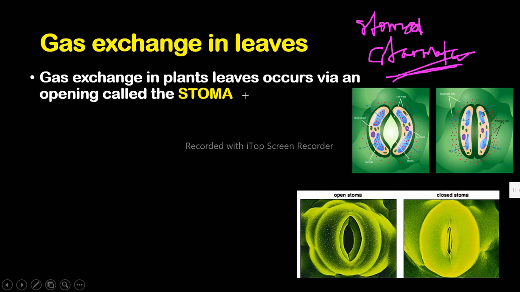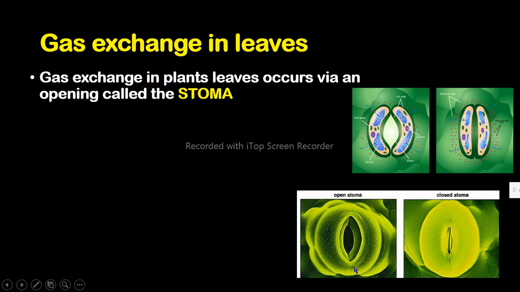Gas exchange in plants mainly occurs through a specialized opening known as a stoma. And you can see, this is the same scanning electron micrograph.